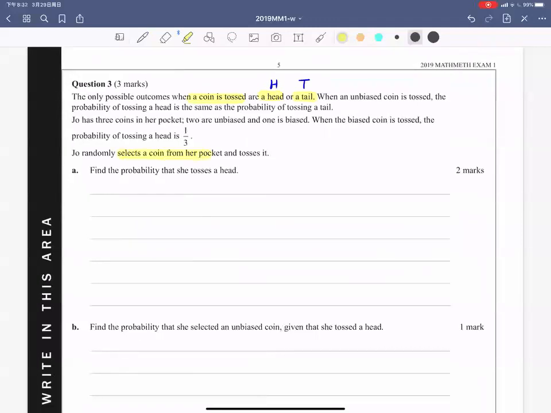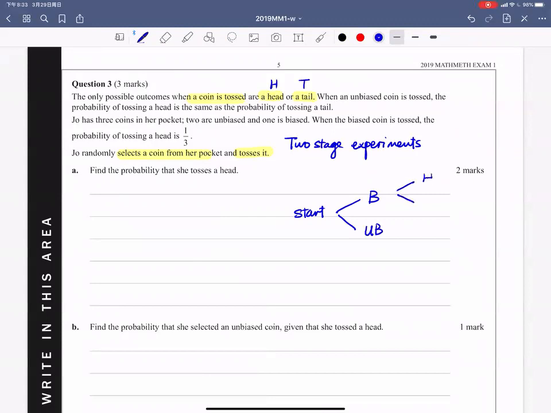So selection first, tossing next. It's a 2-stage experiment. Now, if I start my experiment, the first stage is choosing a biased coin or unbiased coin. And then for a biased coin, I could have either head or a tail.